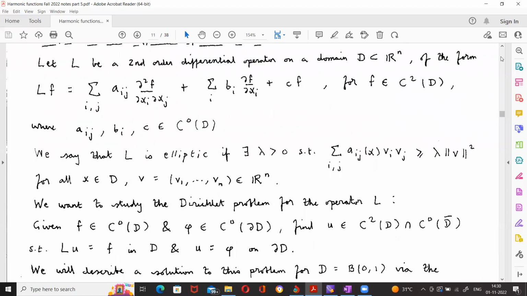A second order elliptic operator on a domain D has this form: summation a_ij times the second partial derivative of f with respect to x_i and x_j, a second order term, plus a first order term, summation b_i times the partial of f with respect to x_i, plus a zeroth order term c times f, where a_ij, b_i, and c are continuous functions on the domain D. And elliptic means that the lowest eigenvalue of the coefficient matrix a_ij at each point is uniformly bounded below by a positive constant lambda.